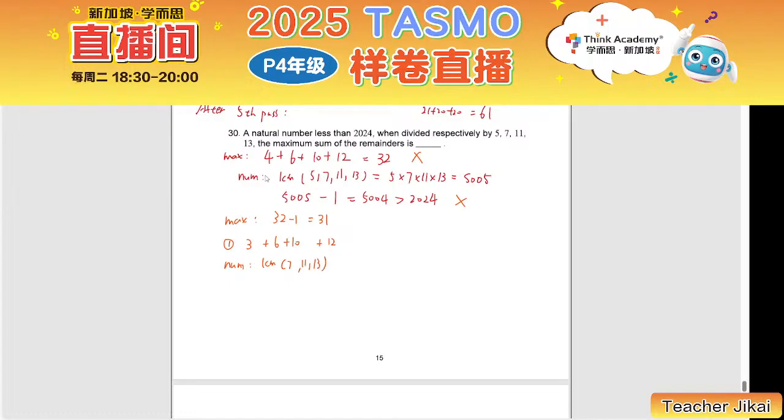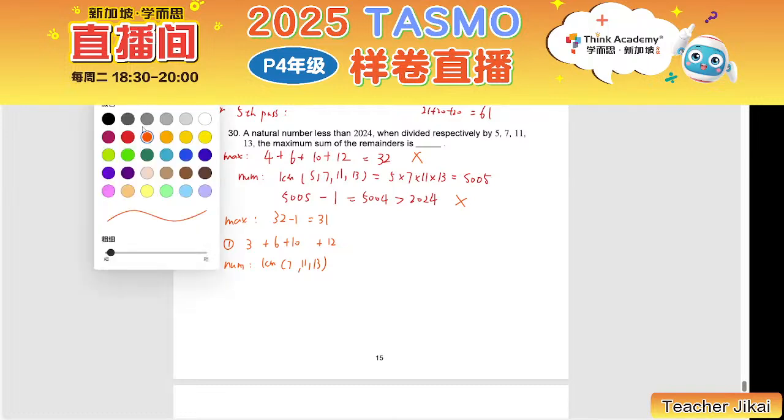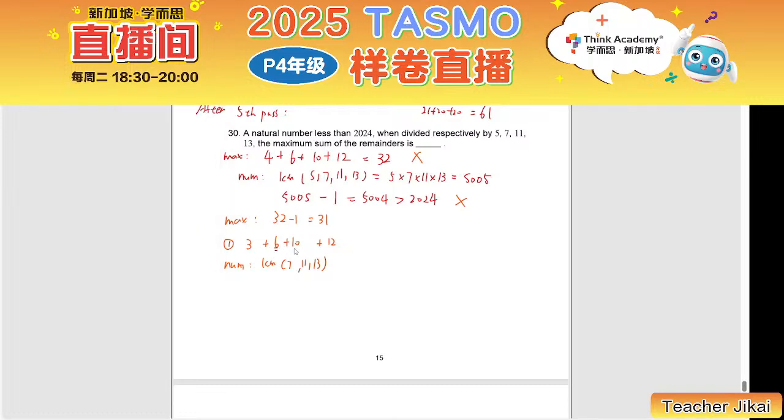Why? Because here we focus on the 6, 10, and 12. We focus on these 3 numbers. They are all, when adding 1, a multiple, right? So the number plus 1 is a common multiple of 7, 11, and 13. That's why we focus on the LCM of 7, 11, and 13. And we know this one is 1001. So the first number here is 1001.